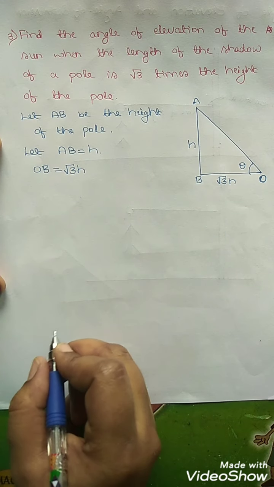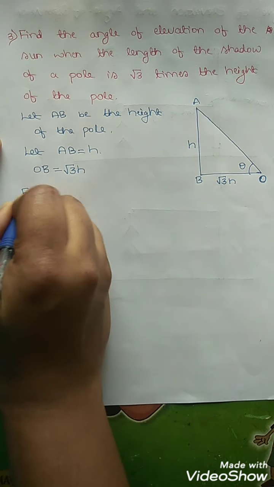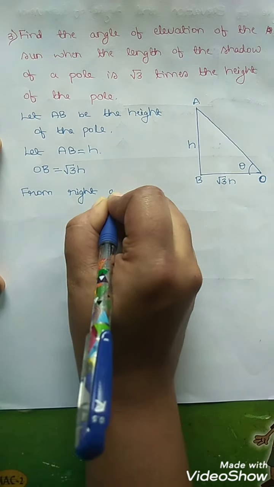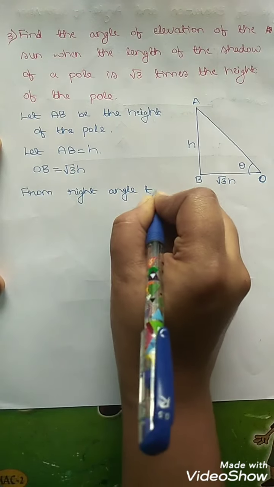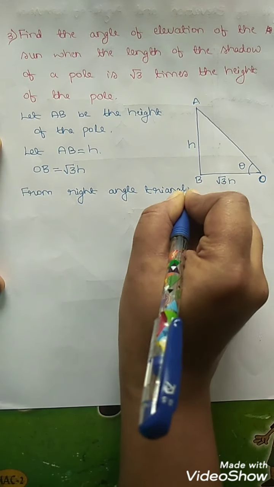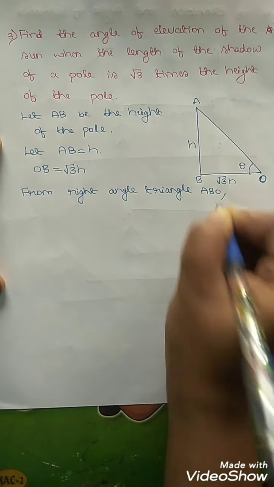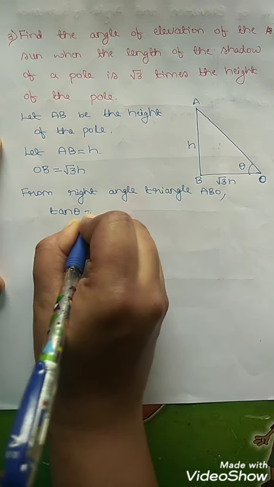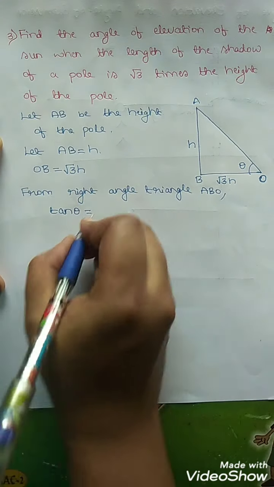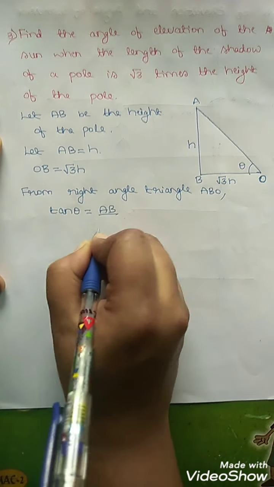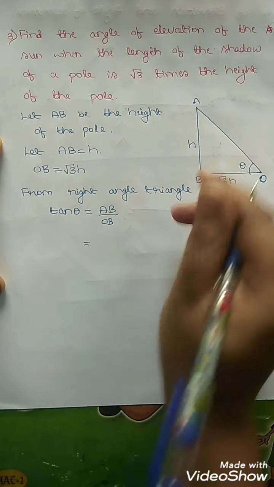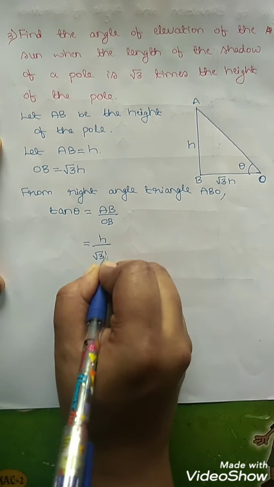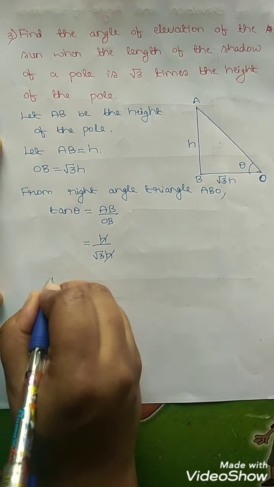Now consider a right angle triangle. From right angle triangle ABO, here also same. Tan theta equal to opposite side by adjacent side, AB by OB. AB is H, OB is root 3 H. H gets cancelled.